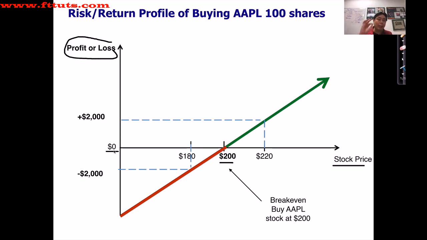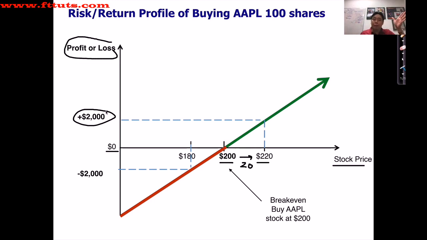If Apple shares increase by $20 to $220, right? There's a $20 increase. What's your profit? Your profit is $20 per share multiplied by 100 shares. Your profit is $2,000. So that goes up. Ta-da! You make $2,000.